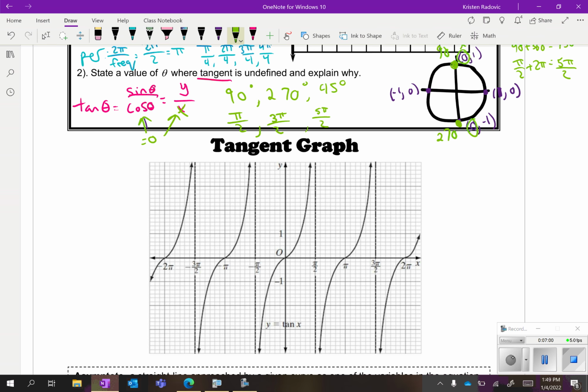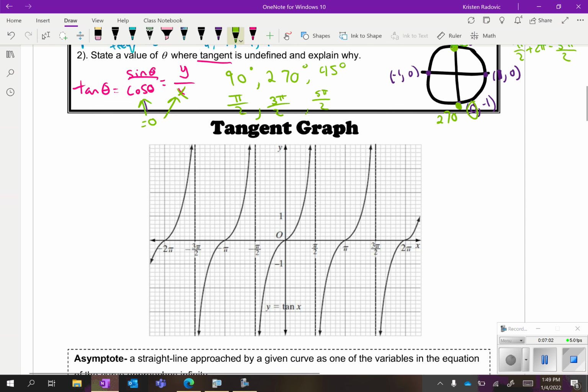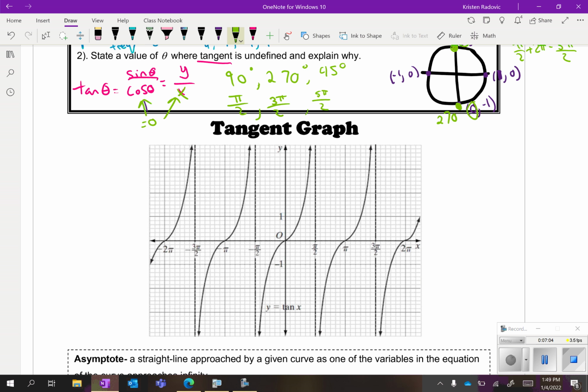So we're going to have an infinite amount of asymptotes. And when you approach an asymptote, you get really, really close to it, but you never actually touch it. So this line, this arrow, is going to get infinitely close to pi over 2. But it's never going to actually be pi over 2, just super close. And it's going to go up towards infinity.